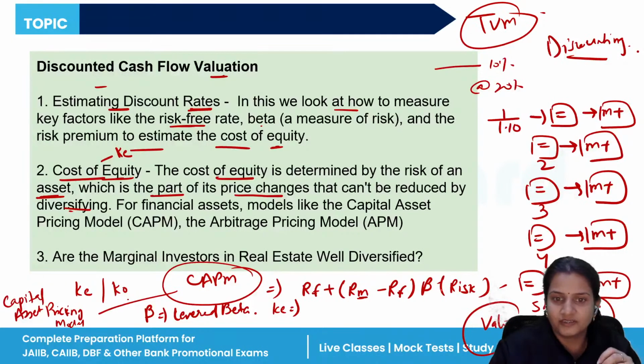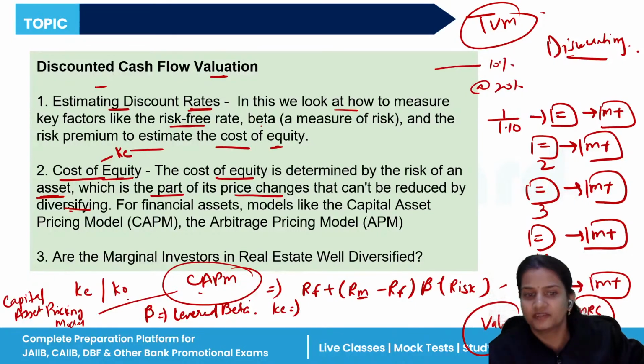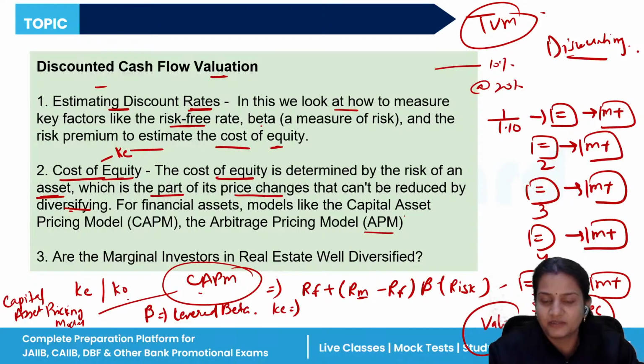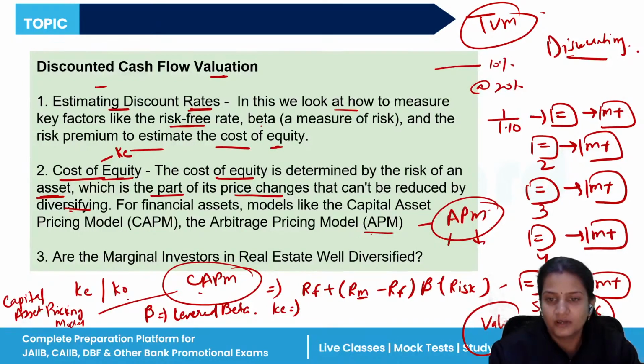For financial assets, we use such type of model, that is the CAPM model, capital asset pricing model, or arbitrage pricing model. If you remember, in capital budgeting for international projects, we have done two examples, two numericals related to the arbitrage pricing model, where the risk free interest rate of India was given, and the risk free interest rate of, I guess, the US, or any other different country.